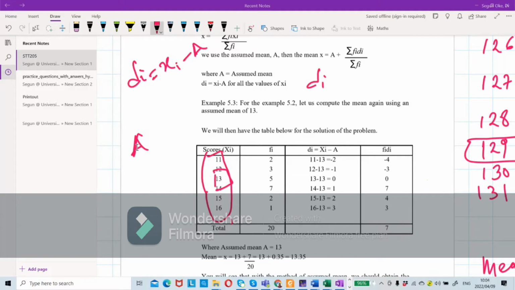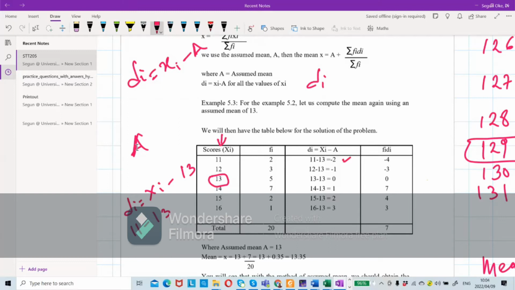So what will happen here is the author picked 13 as the assumed value, meaning di will be xi minus 13. Anytime I know my xi to be in this place, I will have 11 minus 13. What do I have?